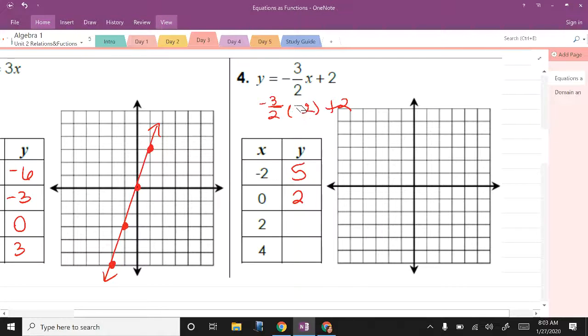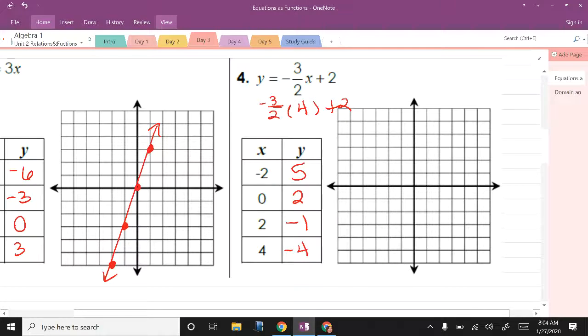Okay, and this one's positive 2. So that's going to be a negative times a positive, which is going to be a negative when I multiply. So 6 divided by 2 is 3. So it's negative 3 plus 2 is what? Negative 1. And then I plug in positive 4. Negative 3 times 4 divided by 2 is negative 6, and negative 6 plus 2 is negative 4.